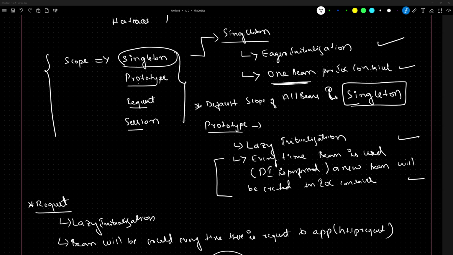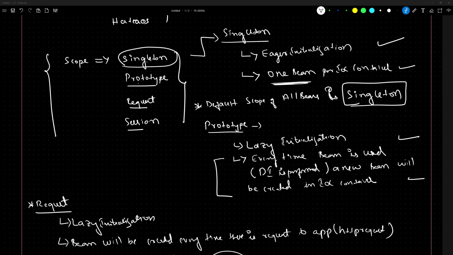First of all, the beans will not be created in the IOC container. Memory will not be used unless and until there is a need of it. So if you want to achieve lazy initialization, that means you want the beans to be created only if there is a need of it. If there is no need, you don't want unnecessary beans to be created. So only if there is a request to the application, at that time you want your beans to be created.